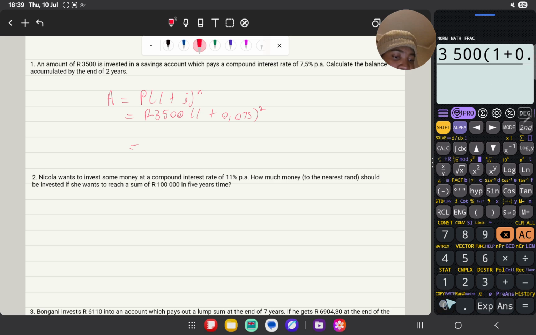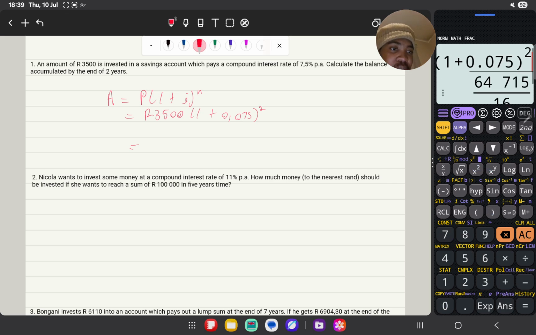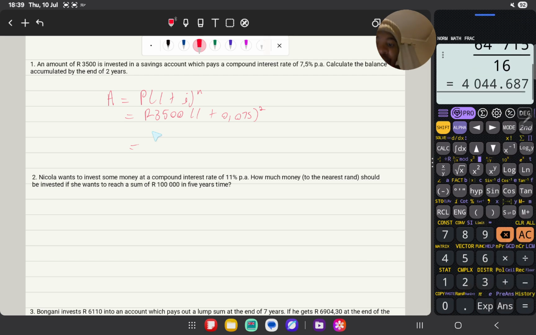So how much money do we have? We have 4,042 rand 69 cents. This is how much money we have.